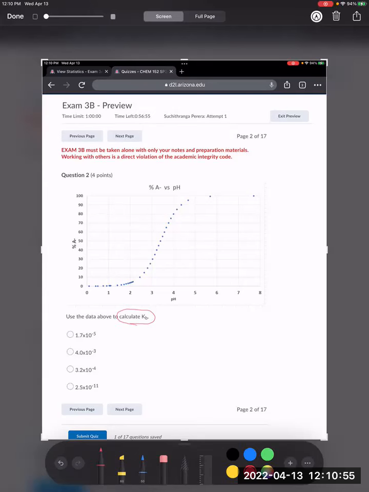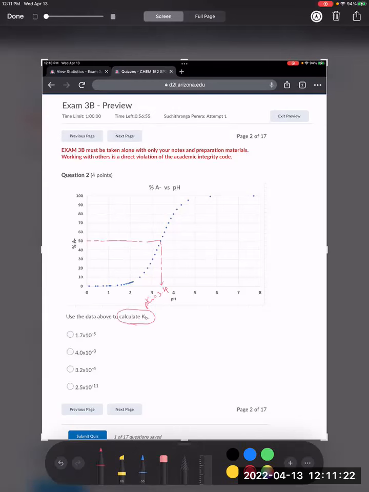Therefore, if you go to this curve, the 50% mark, and draw a line, then read the pH value at that point, which is around, let's say, 3.4, close to 3.5. So your pKa is equal to 3.4.